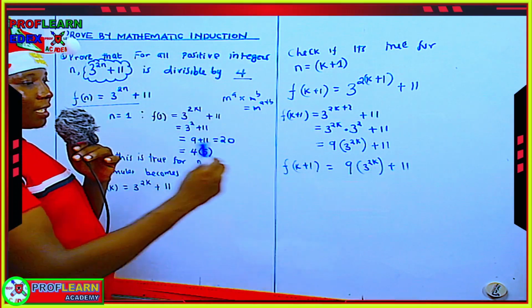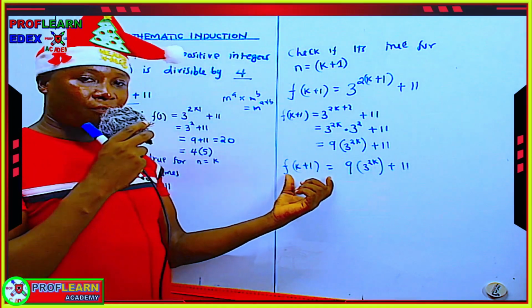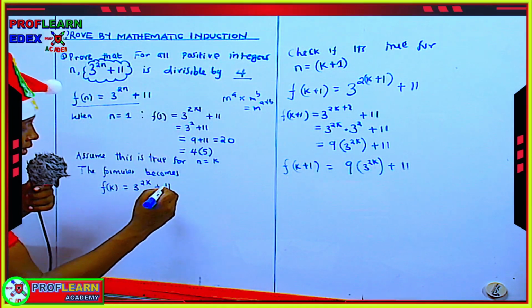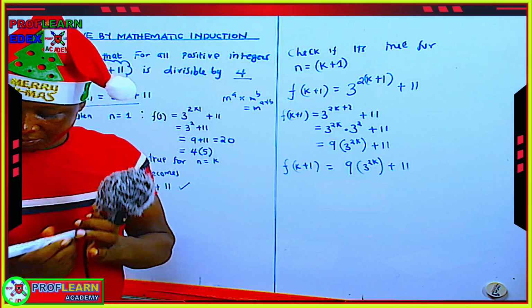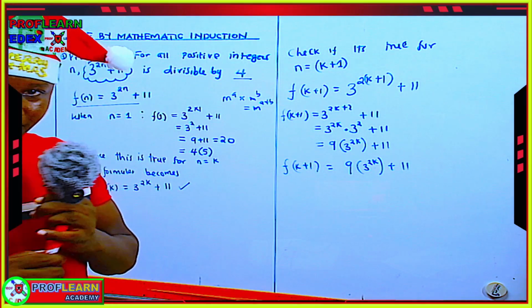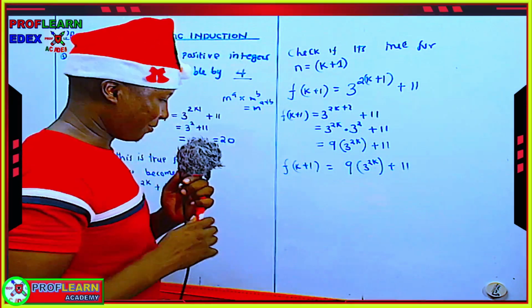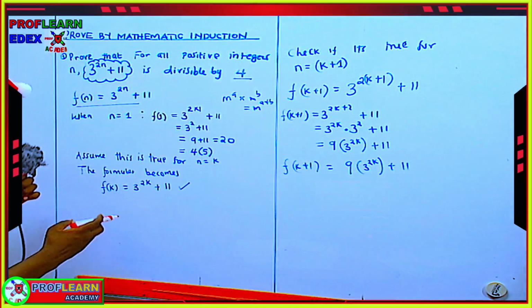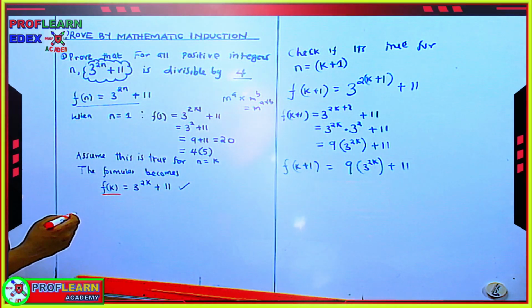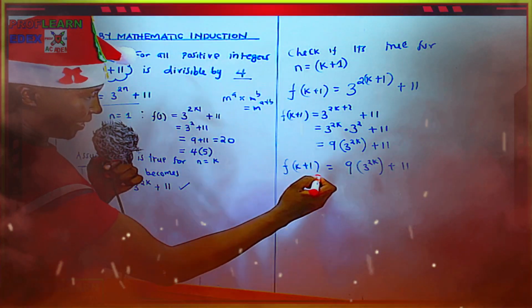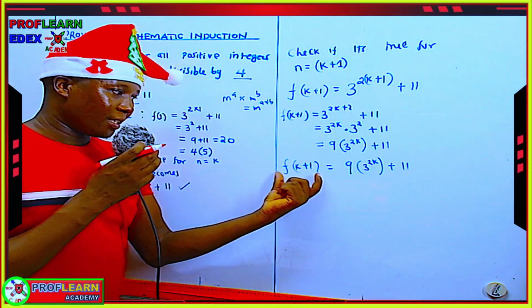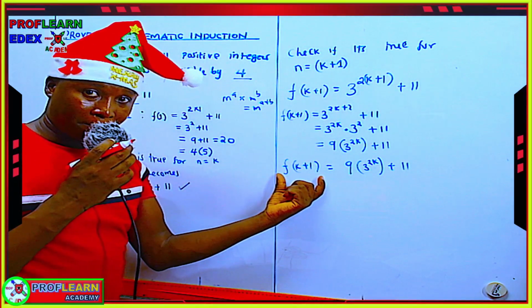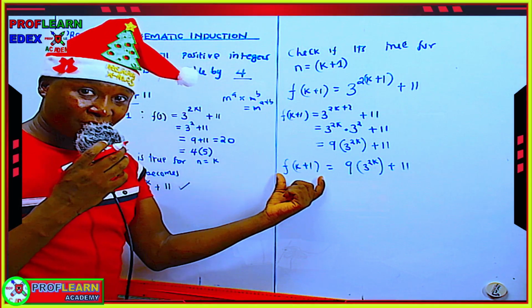At this point, I need to subtract f of k, because we had already gotten f of k here, and here we have f of k plus 1. What I want to know is: is this really divisible by 4?